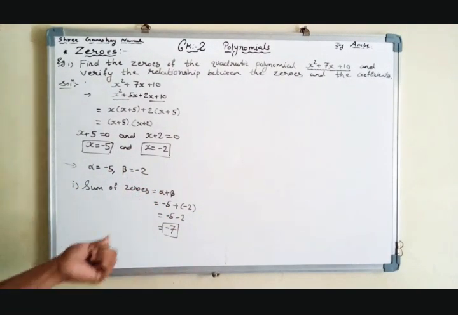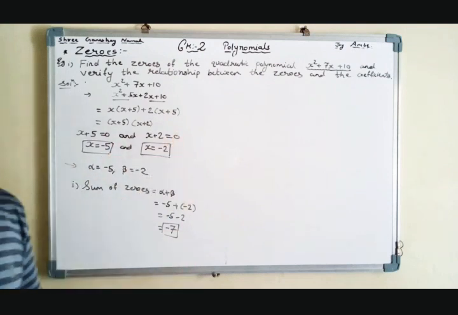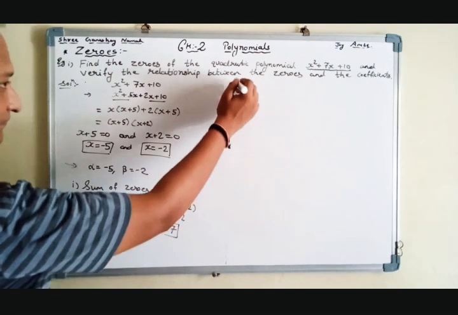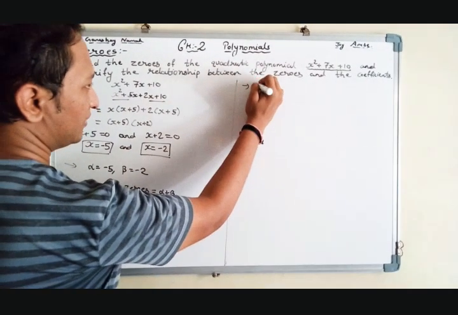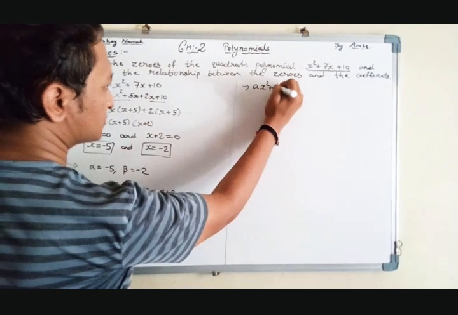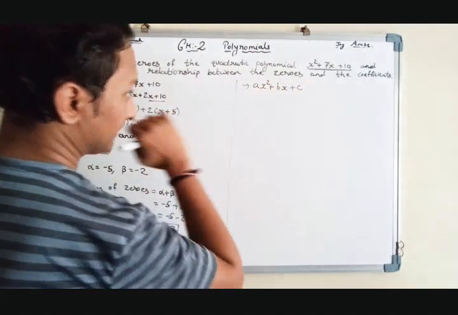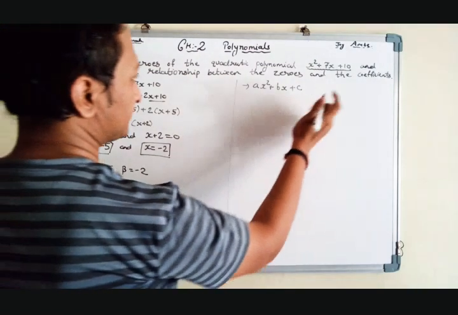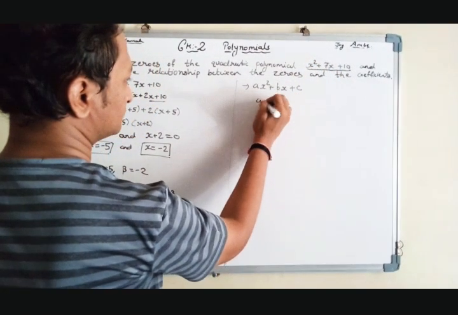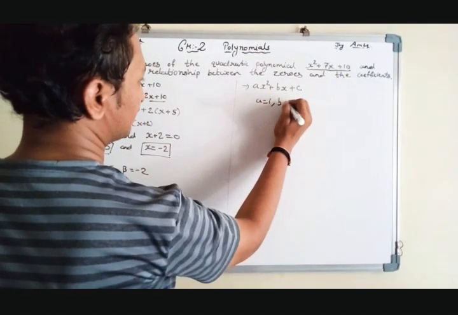Now we will find it through the method, minus b by a. So first we will write what is a, what is b. Comparing the given equation with ax square plus bx plus c, the general form of a quadratic equation. What is a? 1. What is b? 7.